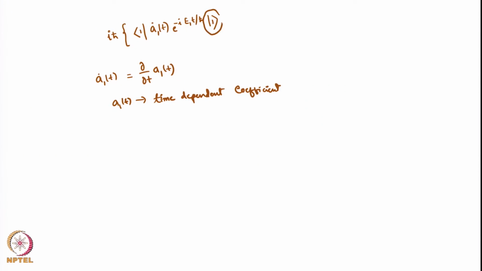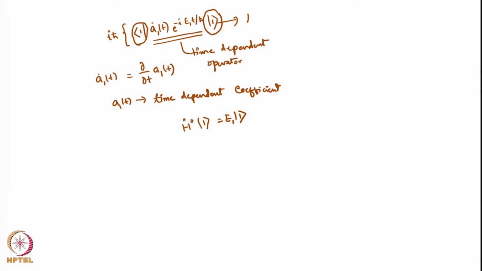But this wave function psi 1 is a solution of the time independent Schrodinger equation. So, what was psi 1? H naught psi 1 is equal to E1 psi 1. So, the operator in here is time dependent and the wave function is time independent. Therefore, you can bring the operator outside because it is not going to affect the wave function.